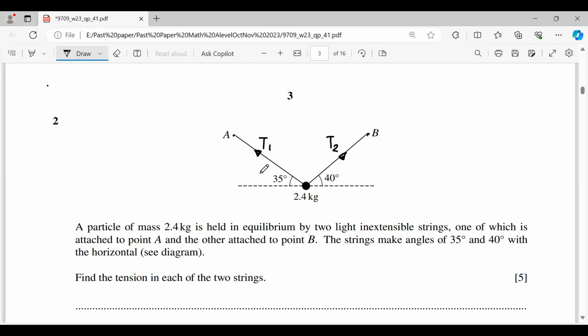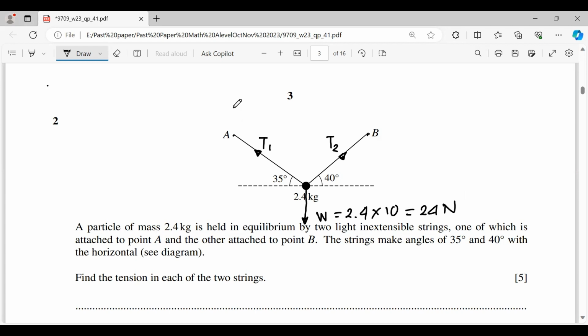1 and tension 2. Now I'm going to show you all forces acting on this particle. Firstly, this force downwards, weight, equals 2.4 times 10, m times g, equals 24 newtons.